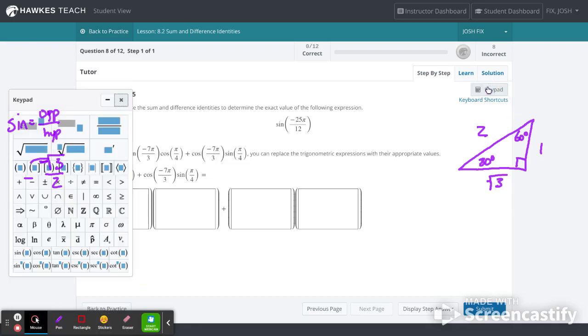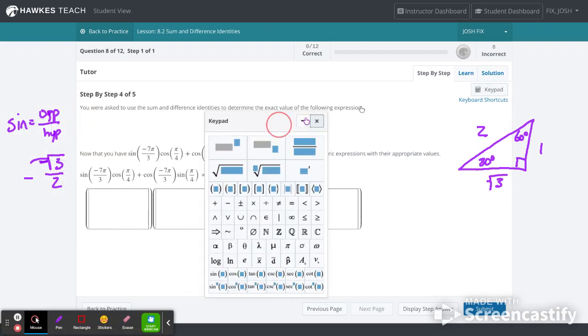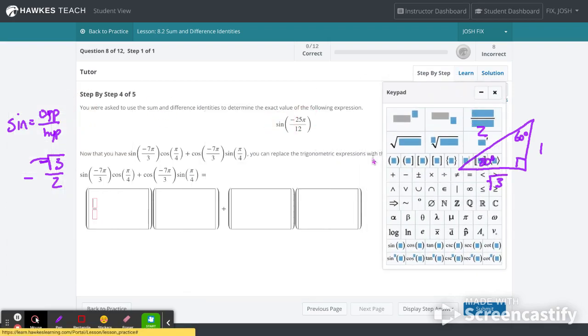So keypad, pull that over here, fraction bar. So this is going to be a negative square root of 3 over 2. Sorry about that. And then we have to find the cosine of pi over 4. So because this is a positive pi over 4, a little bit different situation.